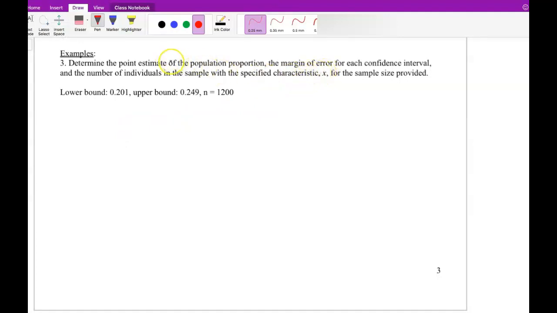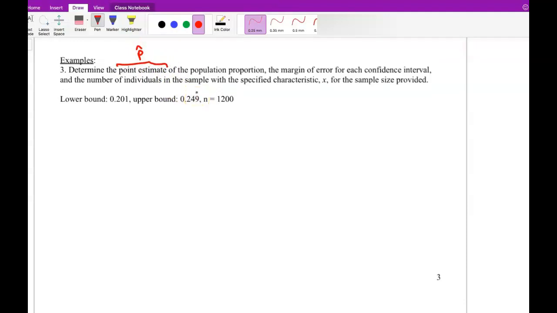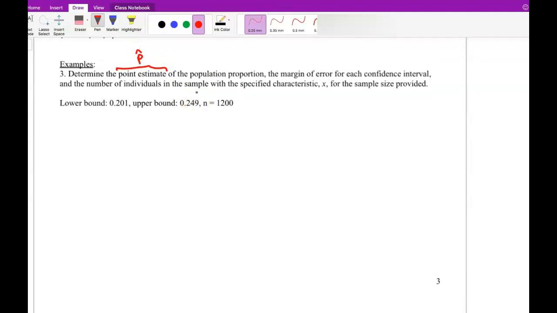So we should find point estimate, which is p hat, and margin of error, which is E, and number of individuals in the sample is X.